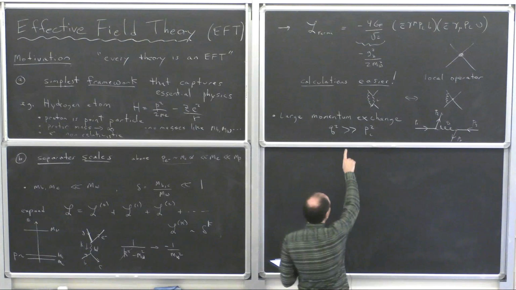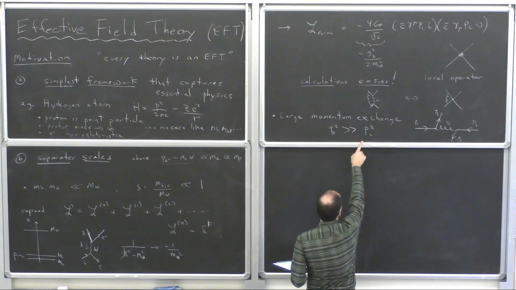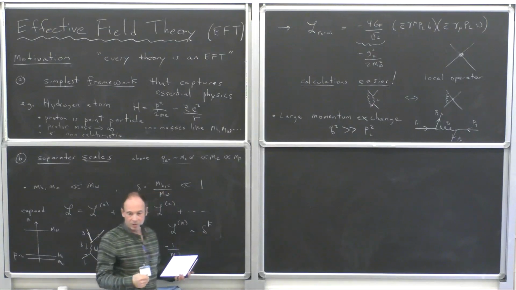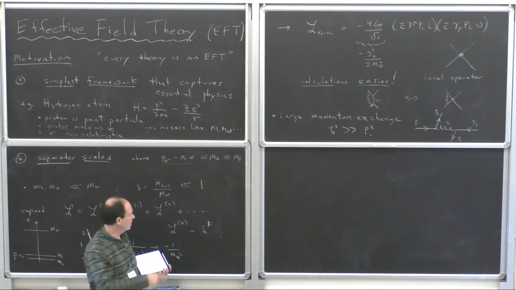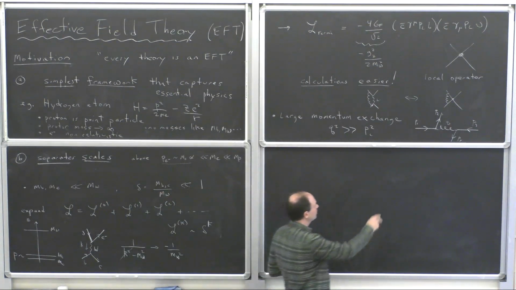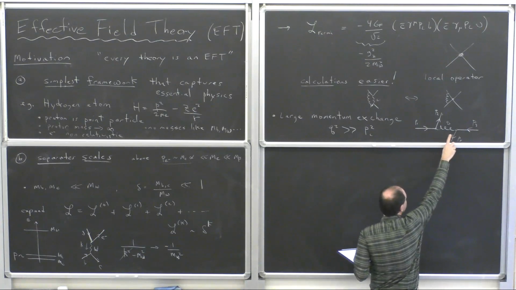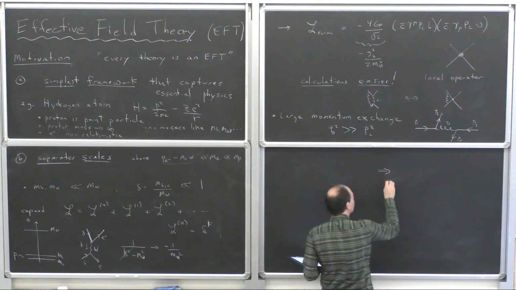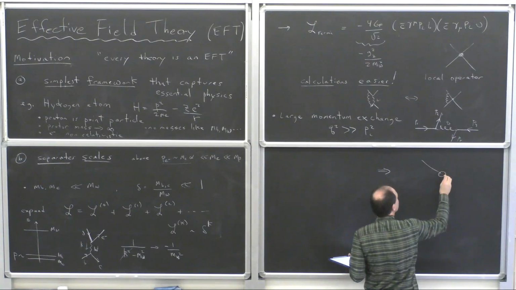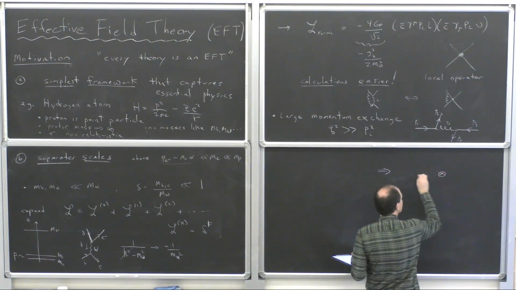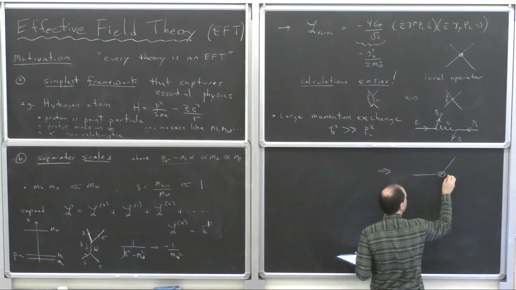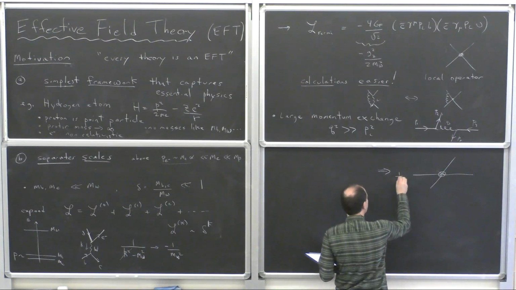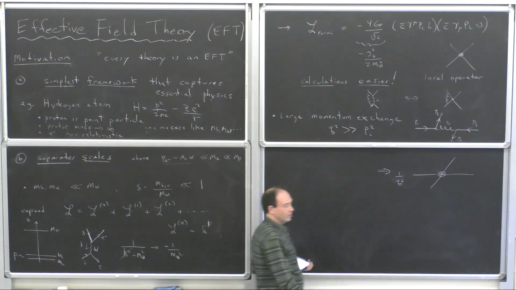Even though that's the case, you still have a sense in which the process at long distance looks much more local, because at long distance, at low momenta, you don't see this propagator of the Q squared. So even in this case, at low momenta, that shrinks to a point for the long distance part of the process, with a 1 over Q squared instead of a 1 over MW squared.